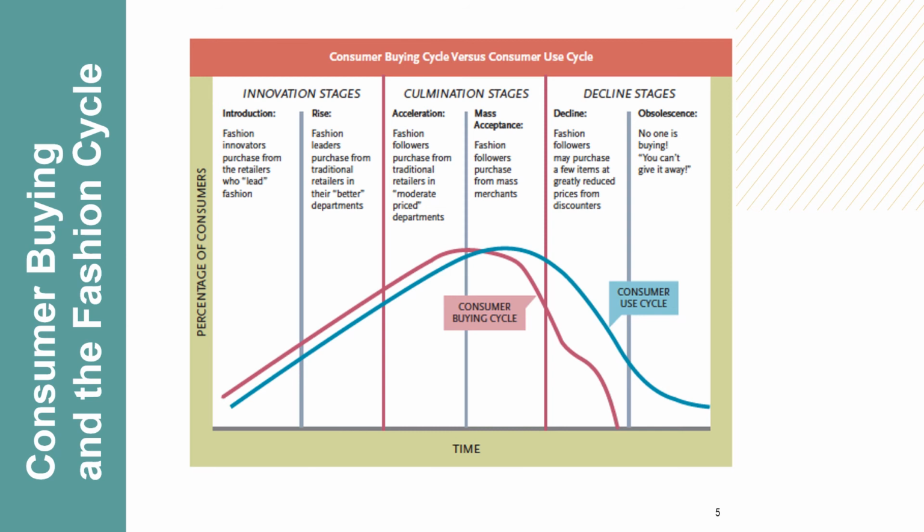So there are breaks in the cycle, and it is unpredictable because fashion is tied to our, like we talked about at the beginning, it's tied to our economic, our political, it's tied to what's happening in society.